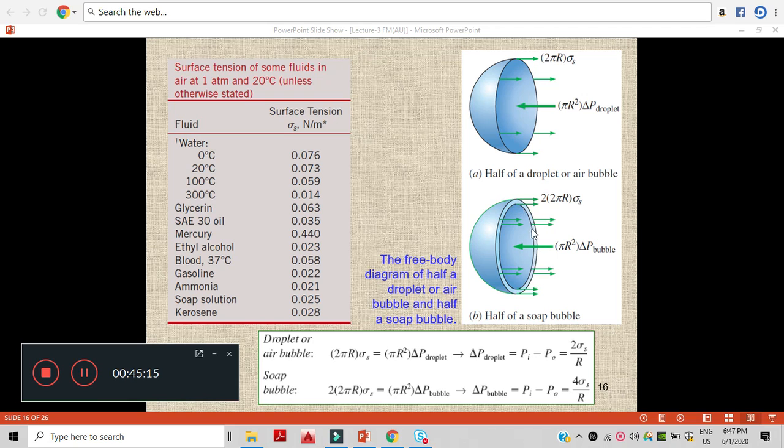So this force is going to be double, which is equal to the pressure force, and then finally we will end up with 4 sigma by r. Now the remaining we will talk about in the next lecture.